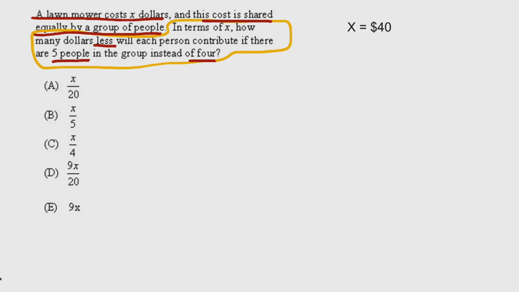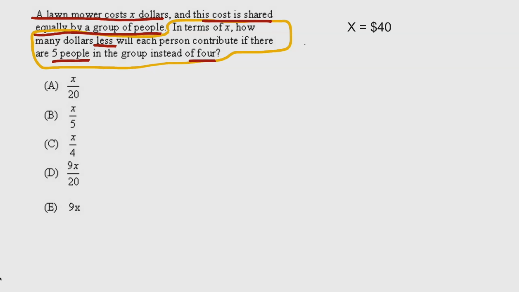All right, so as you can see at the top right, I've assigned a number to X. I'm going to say that the lawnmower costs $40. This is going to make it a little bit easier for us to plug in numbers to actually work with and find out what the answer can be. If this lawnmower costs $40, the first thing we're going to do is find out how much each person has to pay if it's being split by a group of 4 people.